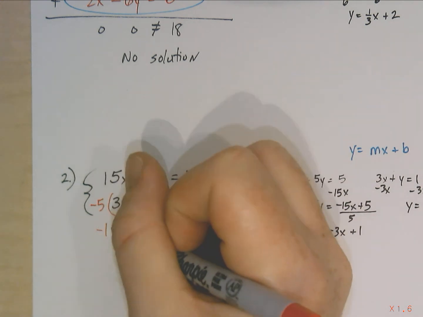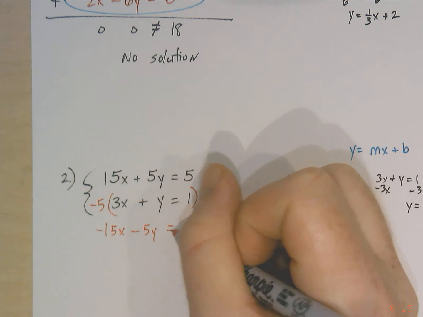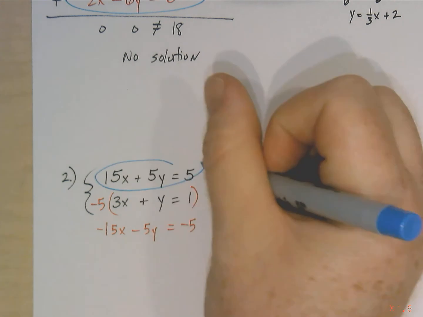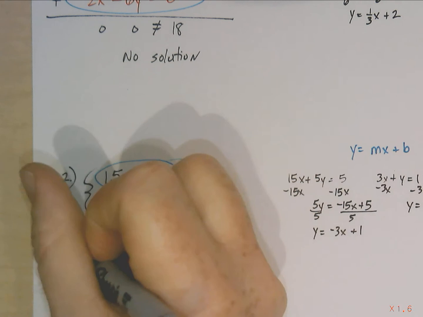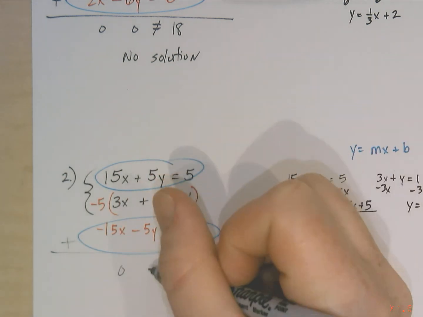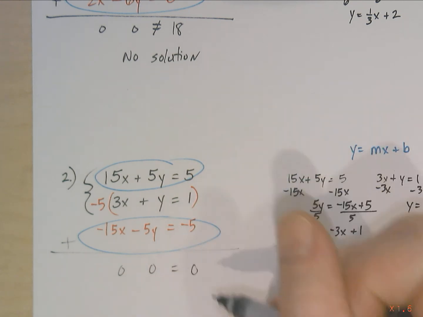So this is negative 15x, negative 5y, negative 5. Now when we add this plus this, let's see what we get. This is going to cancel out, that's 0. This is going to cancel out, that's 0. And this is going to cancel out, that's 0.